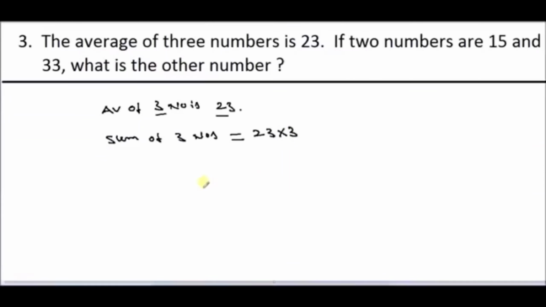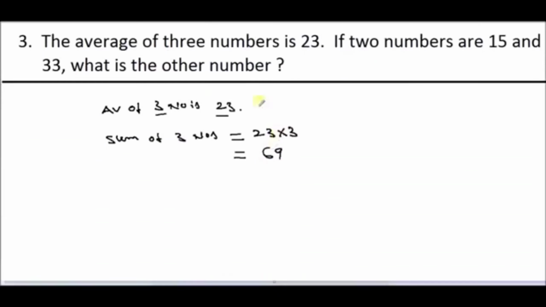Remember this. For beginners, it is very important. Automatically the sum of the three numbers should be equal to 23 into 3, right? This will become the sum. Now, the sum should be 69.